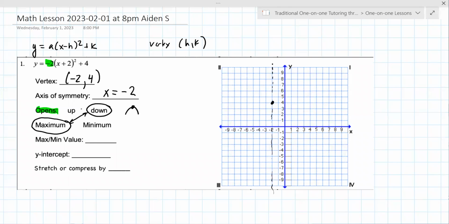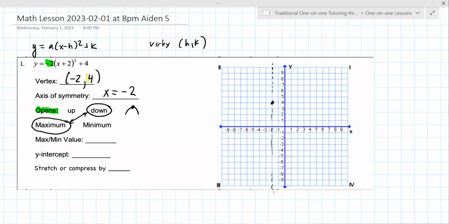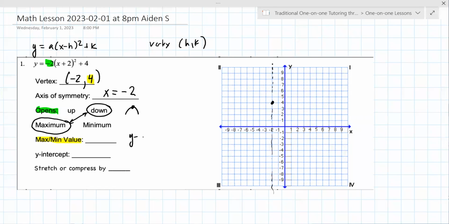If it's down, it has a max. If it's up, it has a min. Now the max or min value also comes from the vertex. It ends up being the y coordinate of the vertex. Okay, so you want to almost keep a note here that that's the y coordinate of the vertex, which is 4.